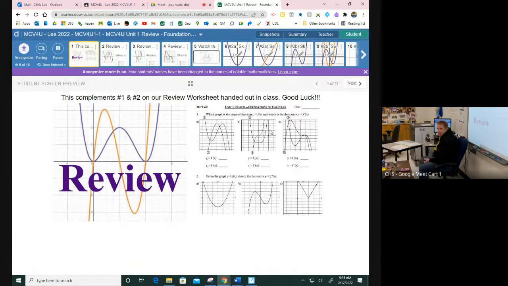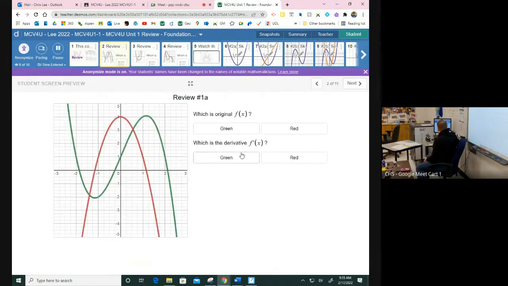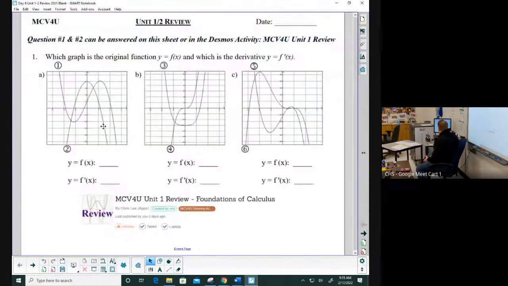So you'll see that it actually lines up with the review that's there. And you can see that that graph is the same as the first question on our review. I just wanted to give you both options because we used both options when we did it live.